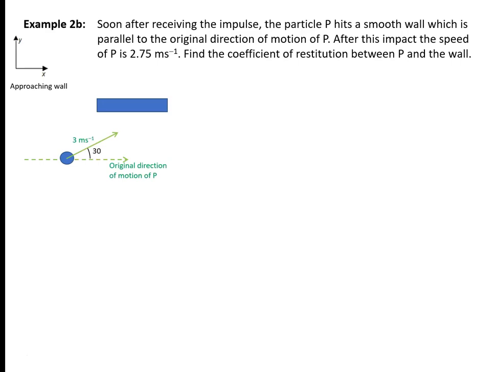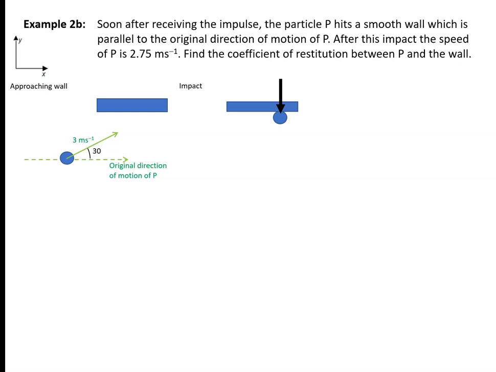So after the impulse, the particle was moving with 3 meters per second at 30 degrees to its original direction. It then hits the wall, and in hitting the wall it receives an impulse perpendicular, or normal, to the wall because the wall is smooth.